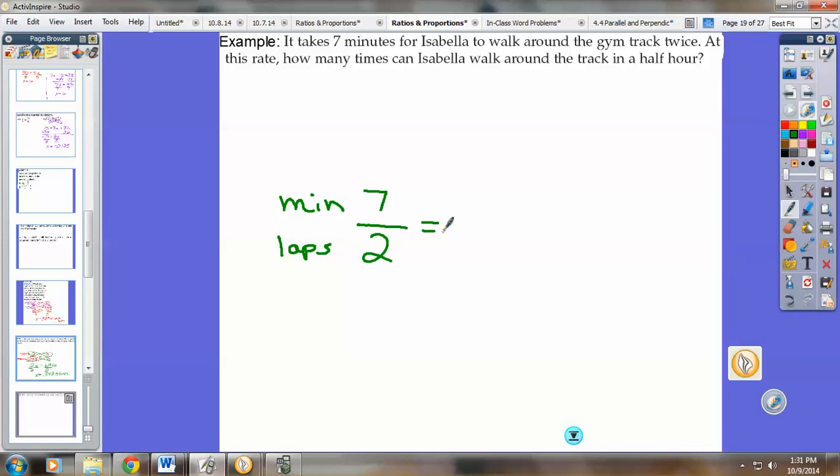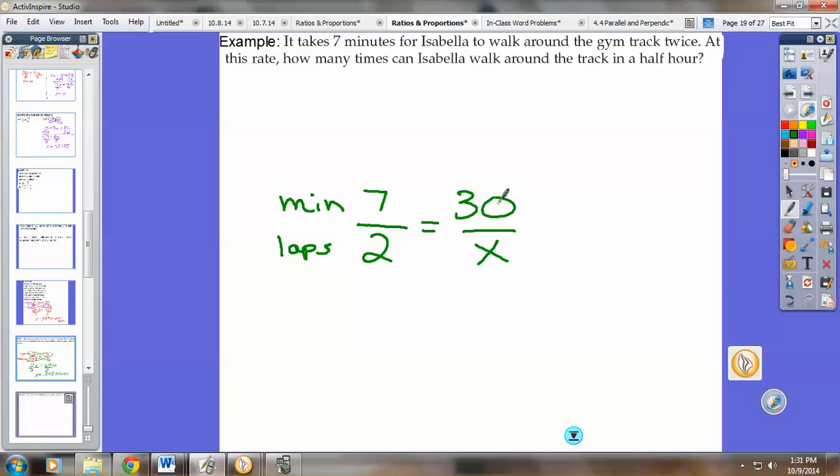We want to know how many times, how many laps, she can walk in half an hour. What would we use for half an hour, Dawson? 30 minutes. 7 minutes for our numerator, laps are in the denominator.